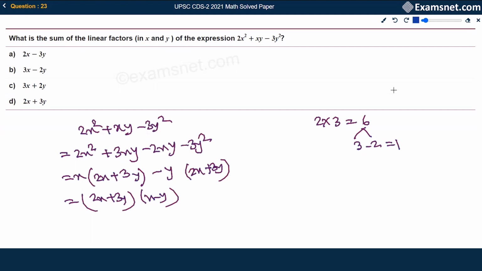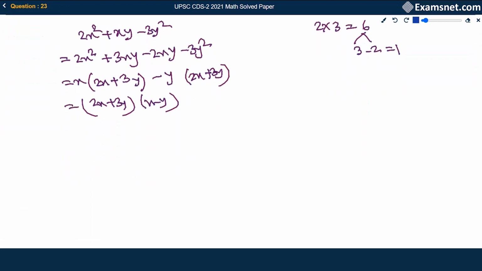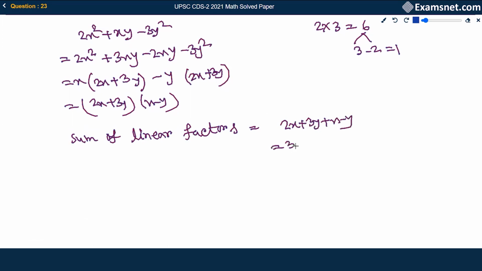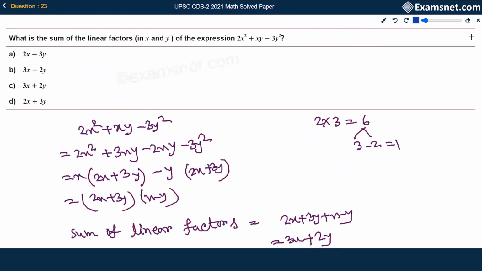Okay, so we are asked to find the sum of these linear factors. So 3x plus 2y. Okay, so sum of the linear factors is 3x plus 2y. Option C is the answer.